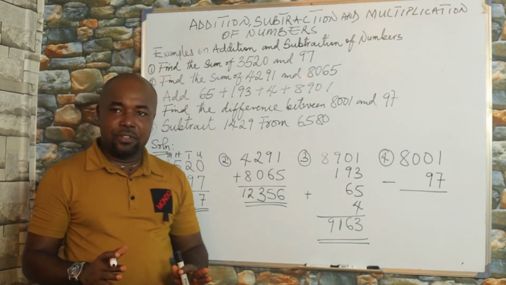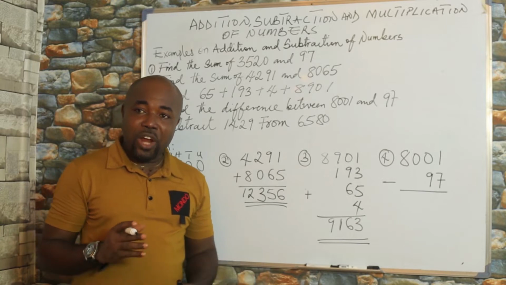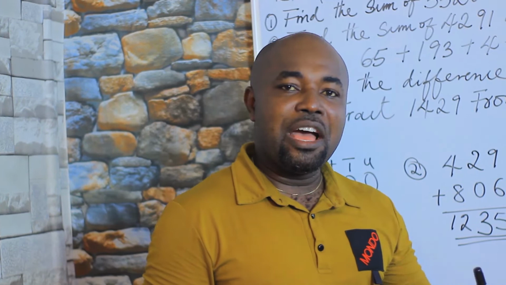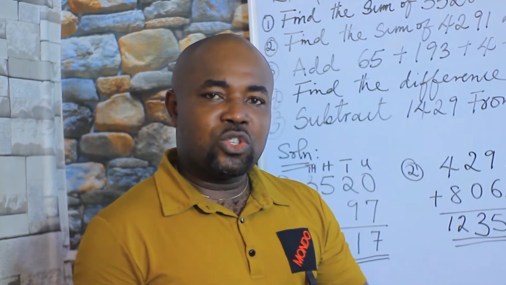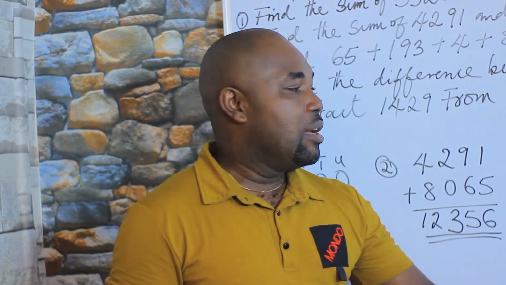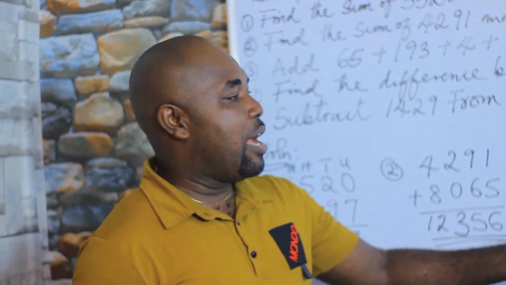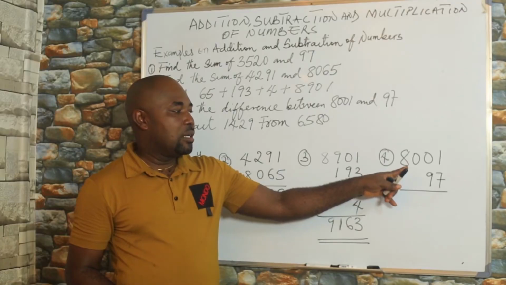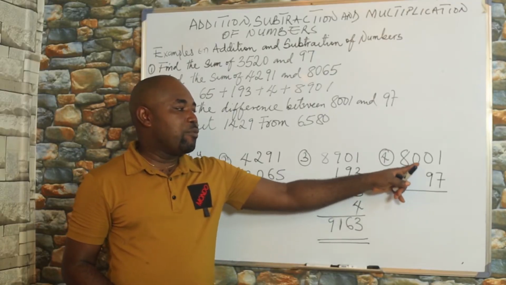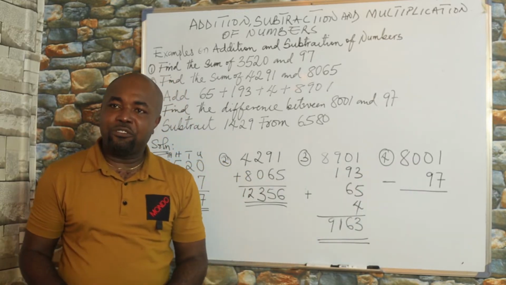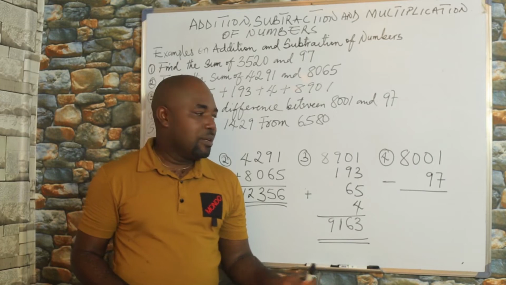Find the difference. That is to say, subtract the smaller number from the bigger number. And the bigger number here is 8001. We subtract 97 from 8001.